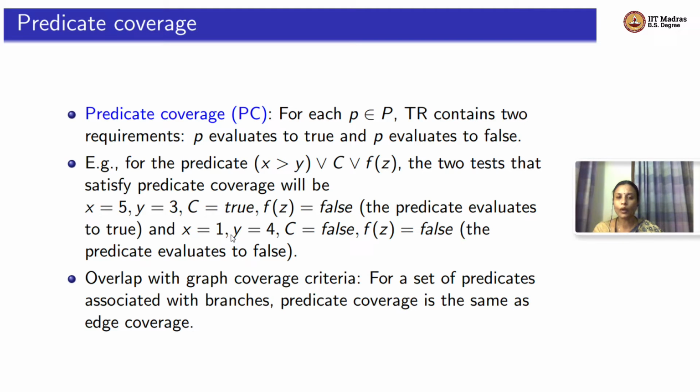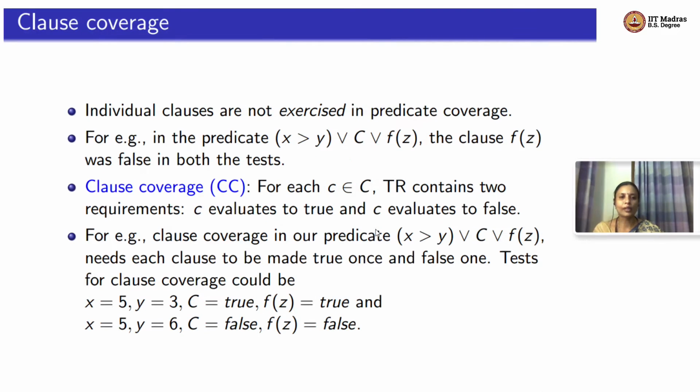In the second requirement, the first clause evaluated to false. Similarly, for this one, c evaluated to true, and in this one, c evaluated to false. In the third clause, f of z, we happen to assign f of z as false in both the cases. That's what is written here.